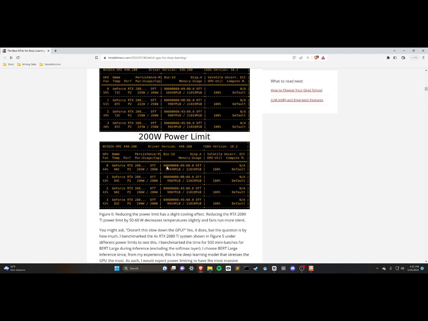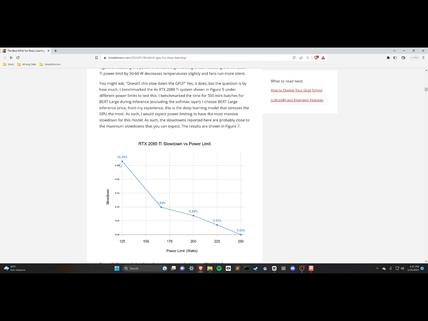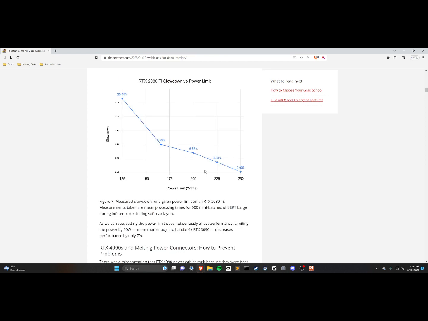There is a point where power and efficiency is going to have a sweet spot, such as this one at 125 power. At 50% power, he lost only 26% processing speed. Whereas if he started spending more power, it starts giving diminished gains on how much you actually get back.